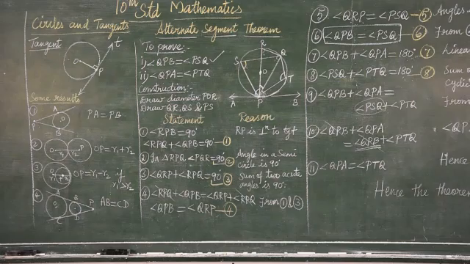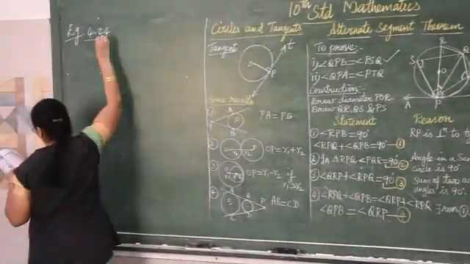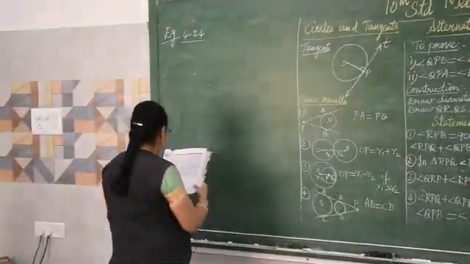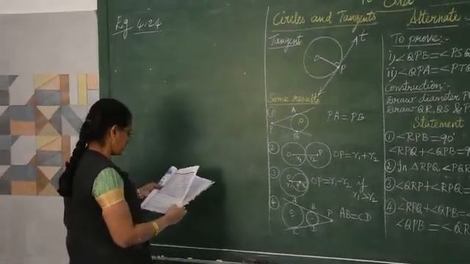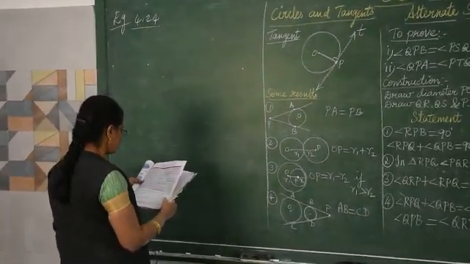Example 4.24: find the length of the tangent drawn from a point whose distance from the center of the circle is 5 centimeter.